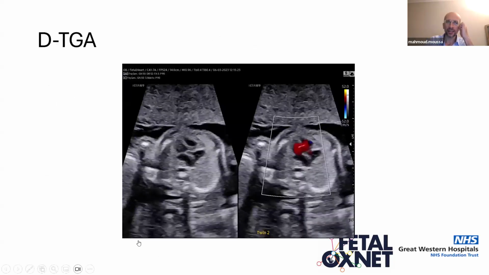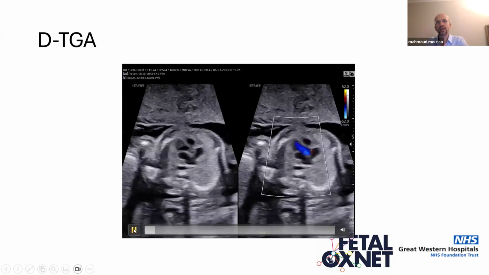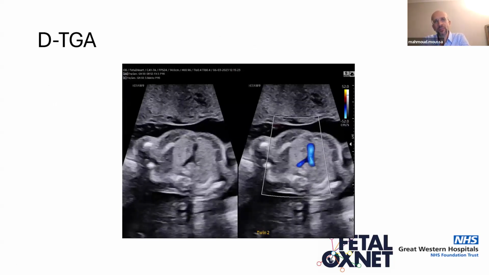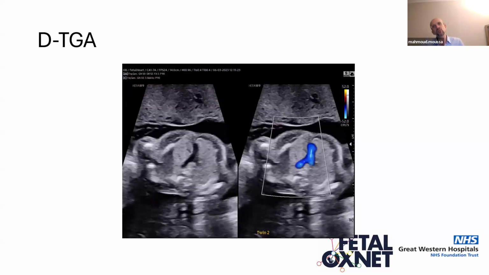Here is an example of the TGA, and if you can see in this clip, if you swipe across the 4-chamber and go to the 3-vessel trachea view, you'll see only one vessel there, which is beside the superior vena cava. So the reason you get one vessel and not 2 vessels is that they are aligned on top of each other.